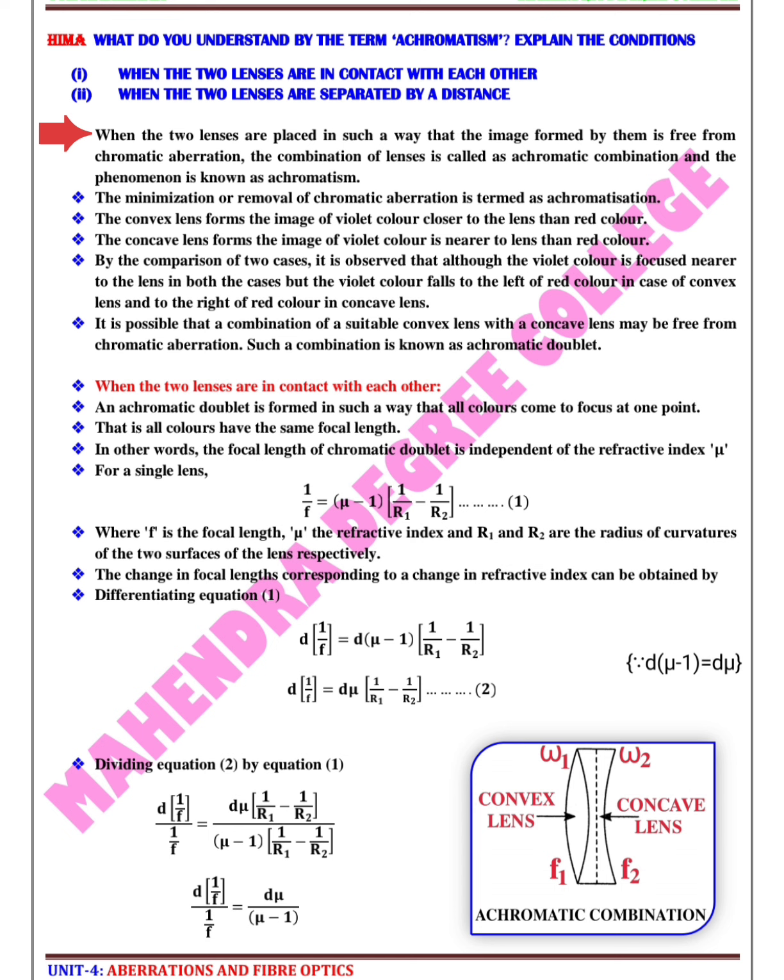The phenomenon of removing chromatic aberration using this method is called achromatism. In simple words, achromatism is when two lenses are combined in such a way that they remove the rainbow-like color blurring, meaning they remove chromatic aberration, making the image clear and sharp.